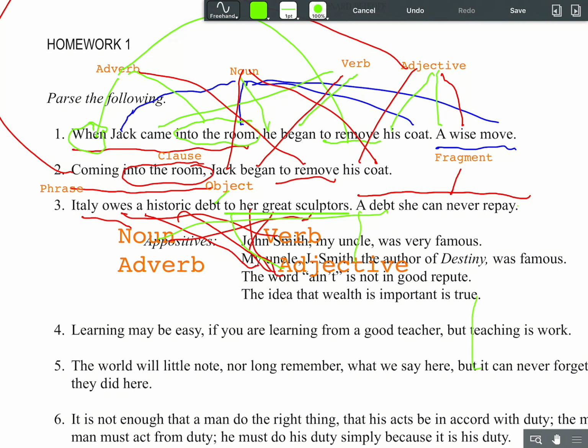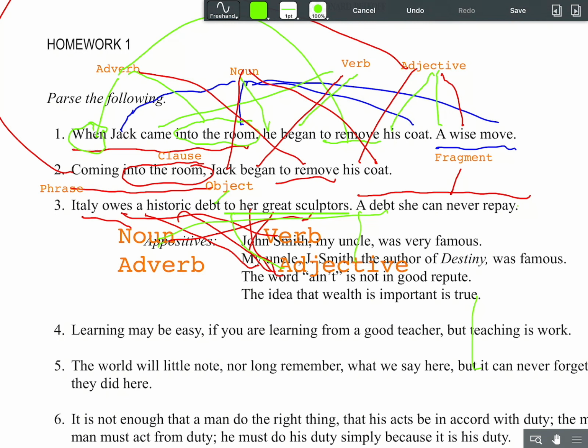There's these appositives. John Smith, my uncle, was very famous. My uncle J. Smith, the author of Destiny, was famous. The word ain't is not in good repute. The idea that wealth is important is true. I don't know what an appositive is.